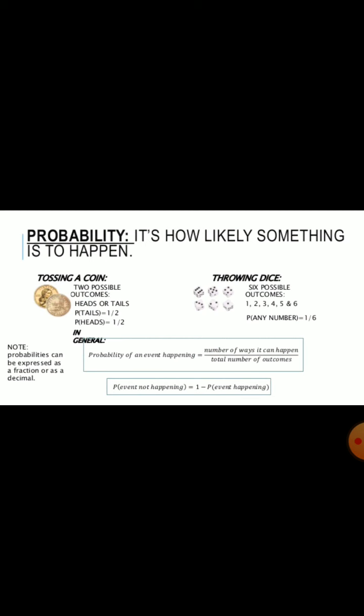By using this formula we can find out the probability of any number in the case of coin, dice, balls, cards. The probability of not happening an event is 1 minus probability of happening an event. So the total probability of happening and non happening an event is always 1.